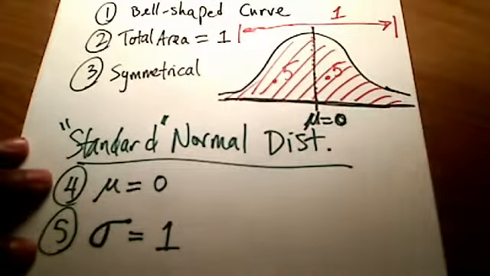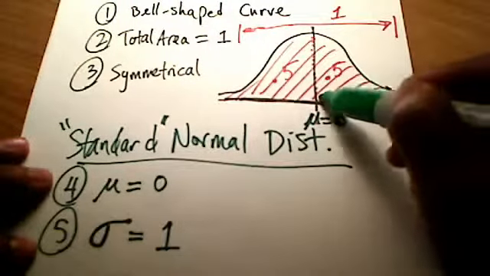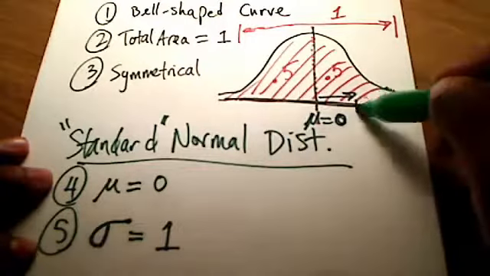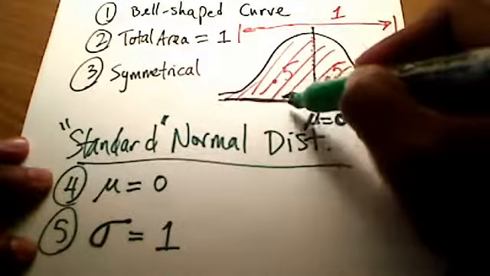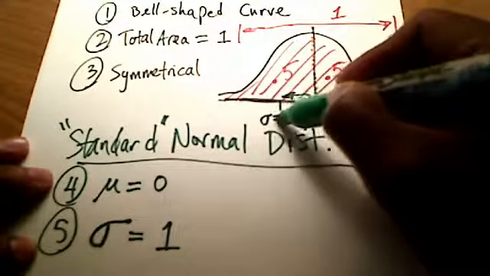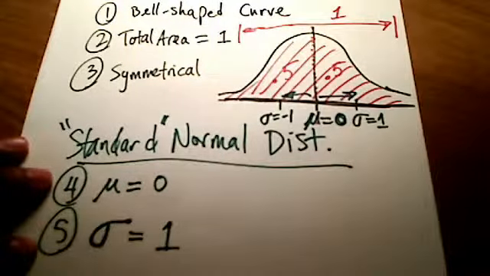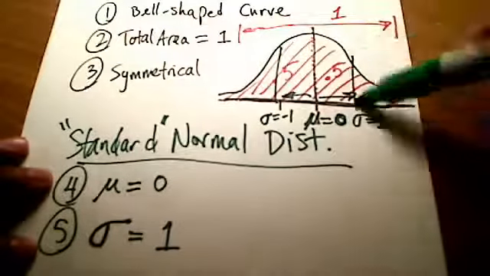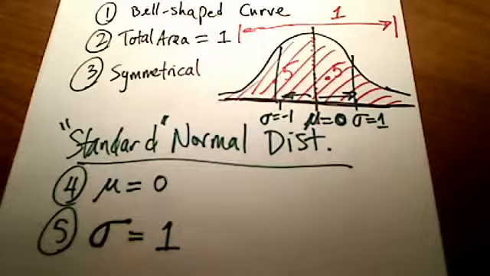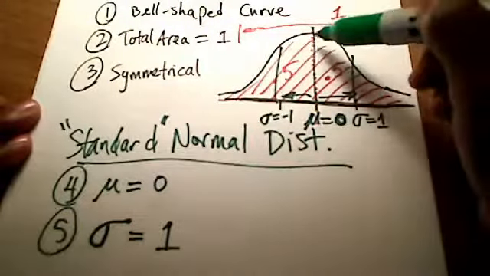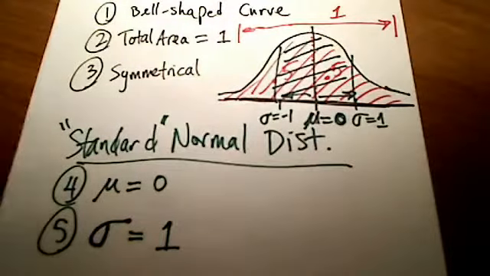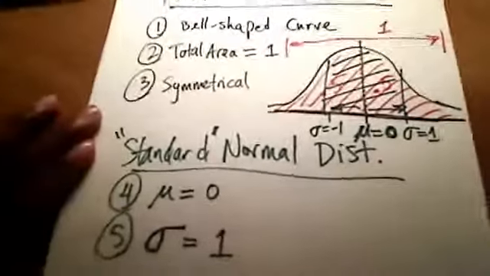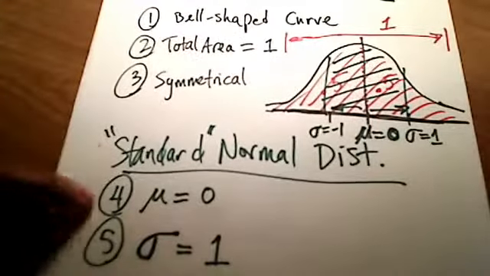The average is going to be 0, and one standard deviation in either direction is also in play. There's this other idea called the empirical rule, but we can get into that another time. 68% of your data is sitting within one standard deviation. But this is just a real rudimentary level of what we mean by a standard normal.